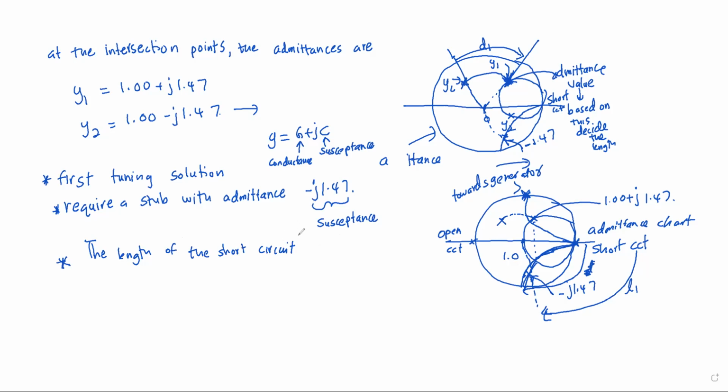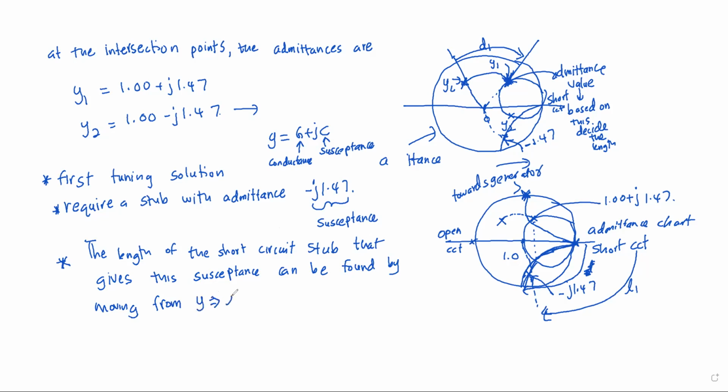The length of the short circuit stub that gives this susceptance can be found by moving from the point where y reaches infinity.